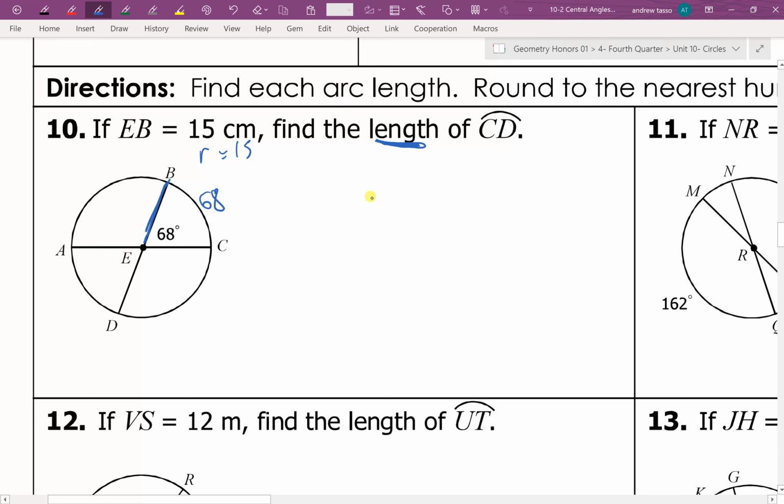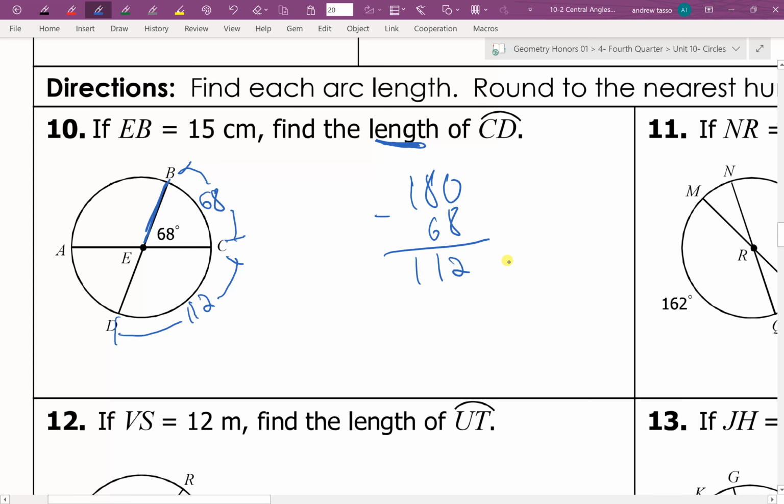Because this one is 68, this would be 180 minus 68, so that would be 112. But that's not the arc length, that's the arc measure. This is the measure of arc CD, which is not what they're asking for. Notice there's no little m there, and they do use the word length.